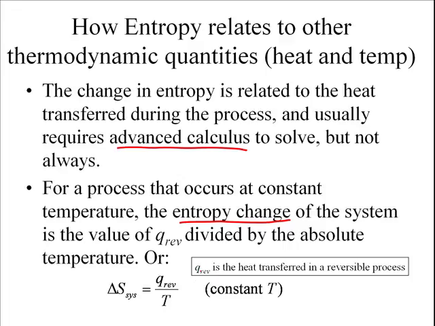Q rev is the heat transferred in a reversible process. But the entropy change can be found mathematically by taking the heat divided by the temperature in Kelvin. I've never seen them actually had to solve a problem using that, but it is on the AP exam, something that they certainly could ask you about.